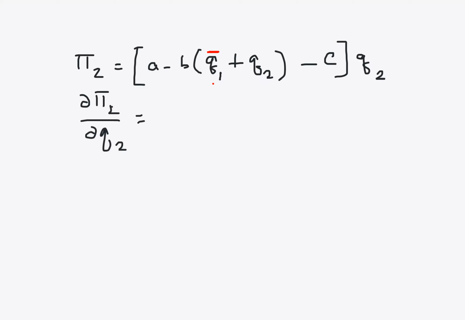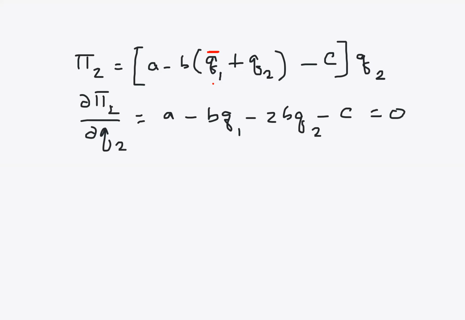So A times Q2 is (A minus B times Q1), and then minus B times Q2 squared. If you differentiate that with respect to Q2, you're going to get minus 2B Q2 minus C, and set it equal to 0. This is the first order condition of profit maximization from optimization principle.